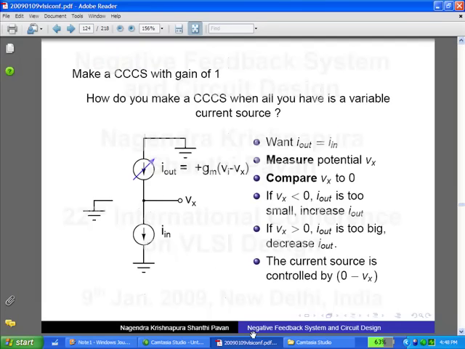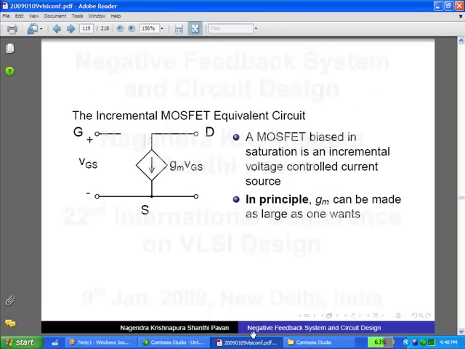So the last thing I wanted to show is how simple transistor stages can also be derived from first principles based on the negative feedback principle. As far as the incremental circuit of a MOSFET is concerned, when a MOSFET is biased in saturation, if it's a good MOSFET, the output impedance will be infinity.